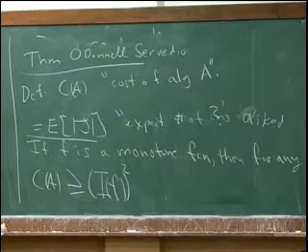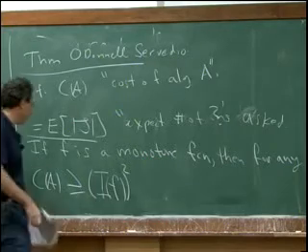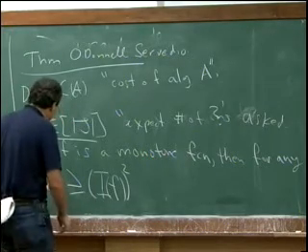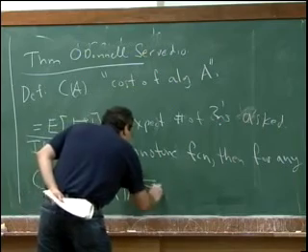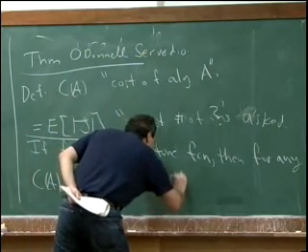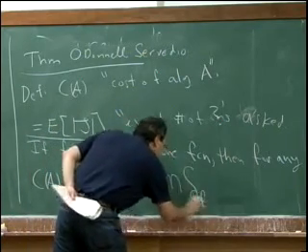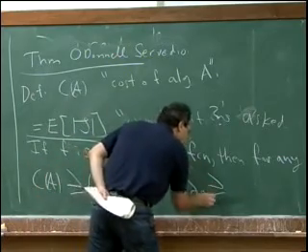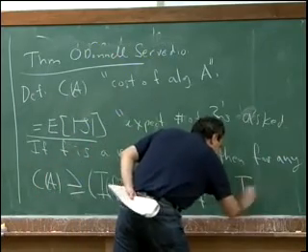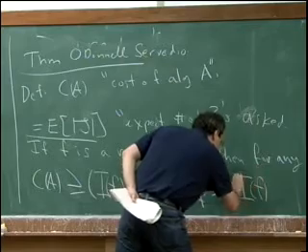So the cost is always at least the total influence squared. And as a consequence, this tells us that n times the revealment of f is bigger than or equal to the total influence squared.